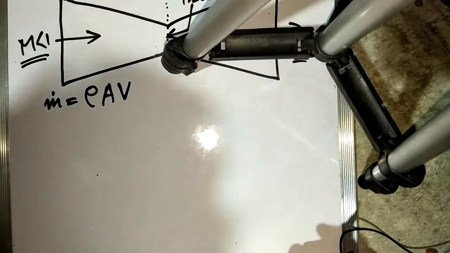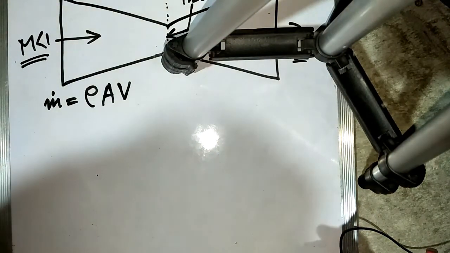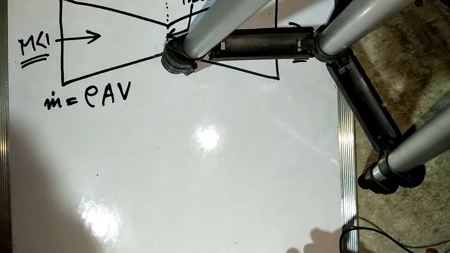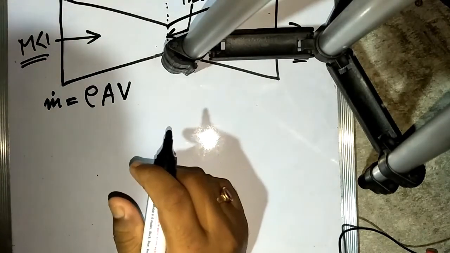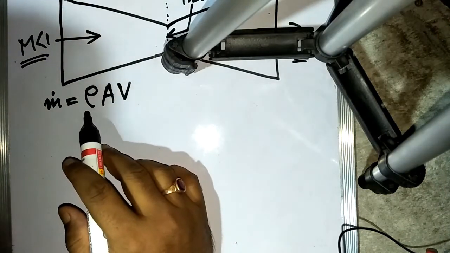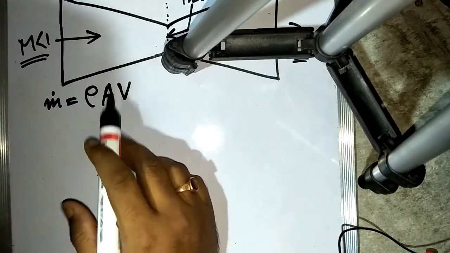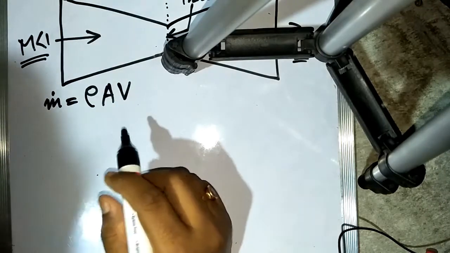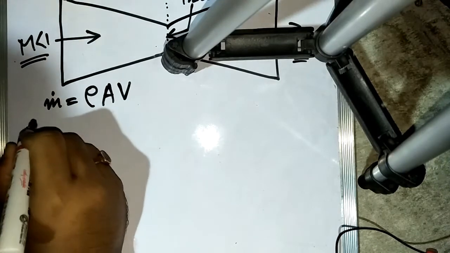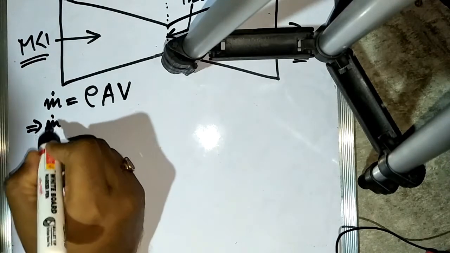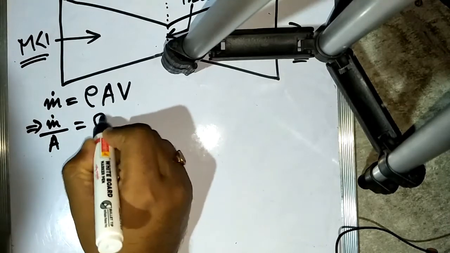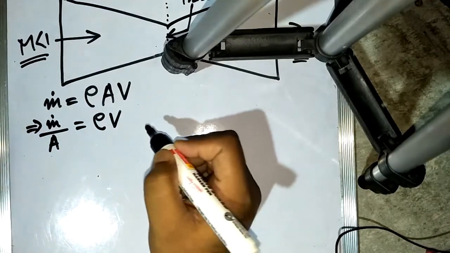For any cross section of the nozzle, the convergent divergent duct, we can write the mass flow rate equals the density of that section, area of that section, and velocity at that section. So the mass flow rate by the cross sectional area is equal to density into velocity.